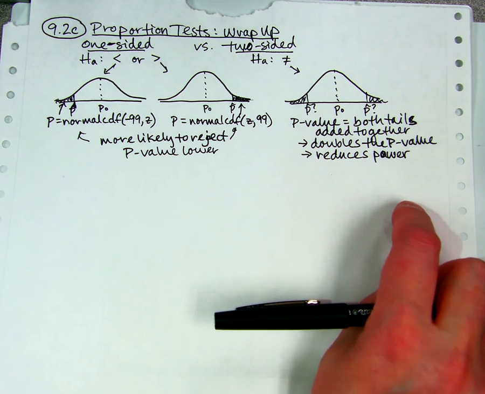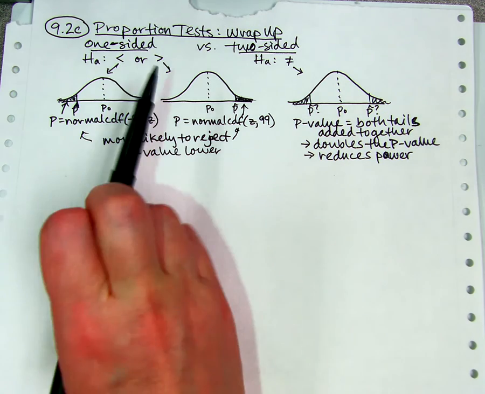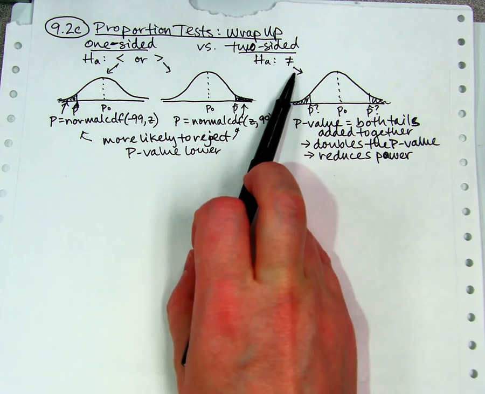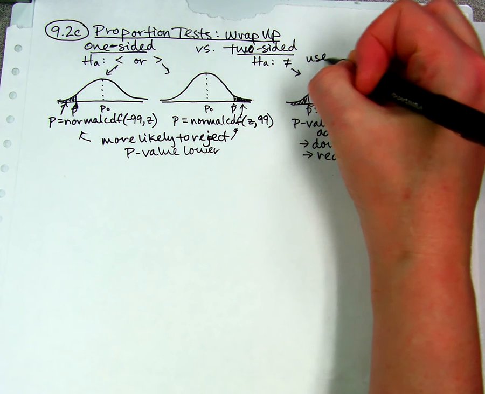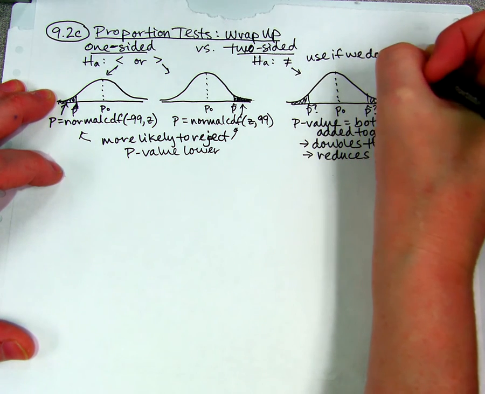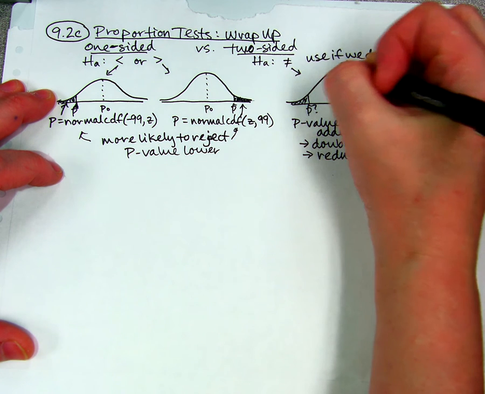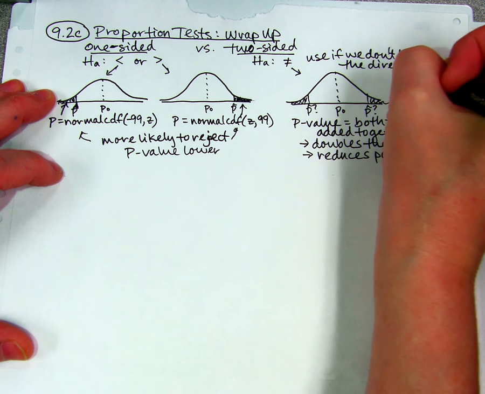But we're not going to make our decision based on, oh, we want to reject the null. We're going to make our decision based on what we think is true about the problem. So we use this if we don't know which direction it will go, and there will always be hints in the problem about that.